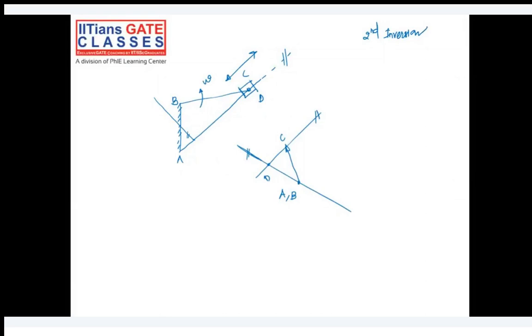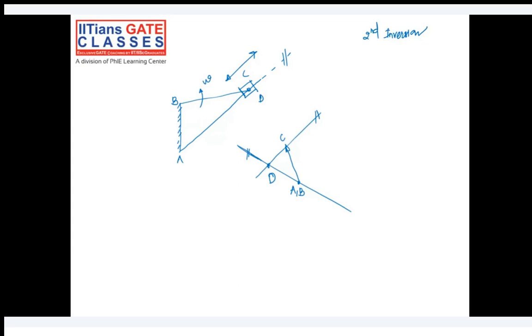This is your point A and B, and this is your point D. So angle CDA is 90 degrees, right? The slider velocity is along the link, and our link velocity will be perpendicular to the link.